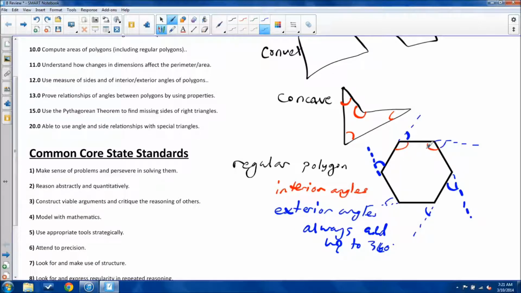If all interior angles are congruent, then all exterior angles are congruent, which means if I want to find the measure of one exterior angle in a regular polygon, the only information I need to know is how many sides are in that polygon. So if I know this is a 6-sided polygon, a regular hexagon, then I know all of these exterior angle measures are 360 divided by 6, 60 degrees.